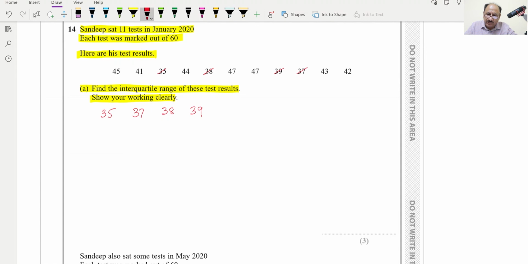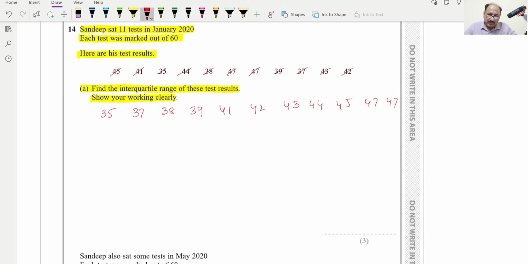After that we have 41, 42, 43, and 44. Then 45, and then 47 and 47. So we are done with the arranging part.